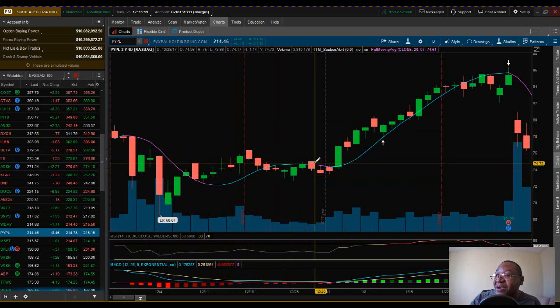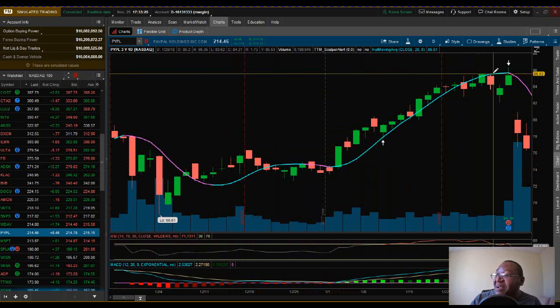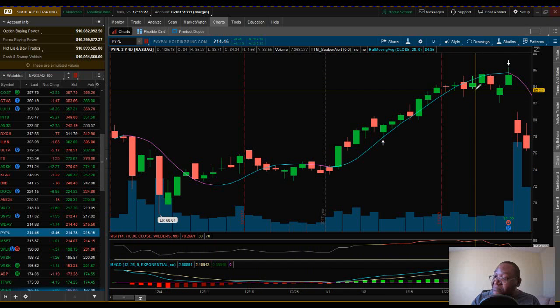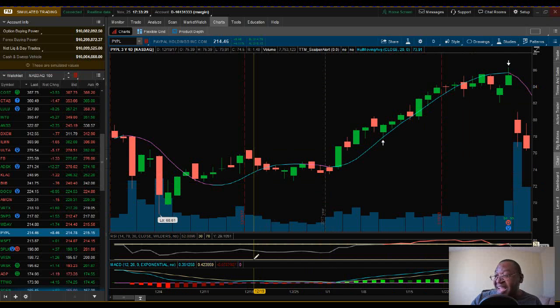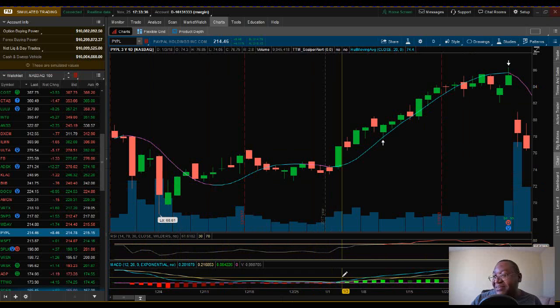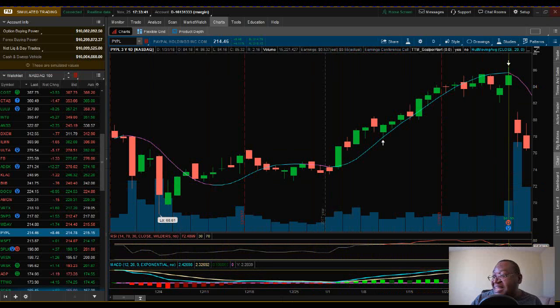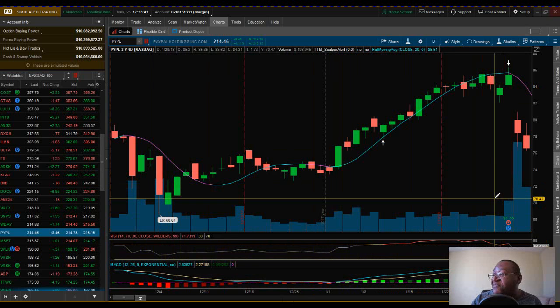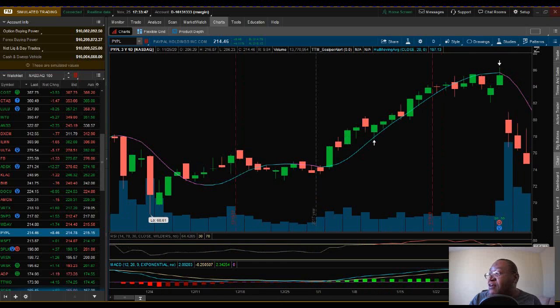Here it's going bearish, and right here is when it starts going bullish, right? Now if you notice, it kind of follows what we already have down here at the bottom. It follows this average right here, which is another moving average. So we can see it pretty much follows along right here.